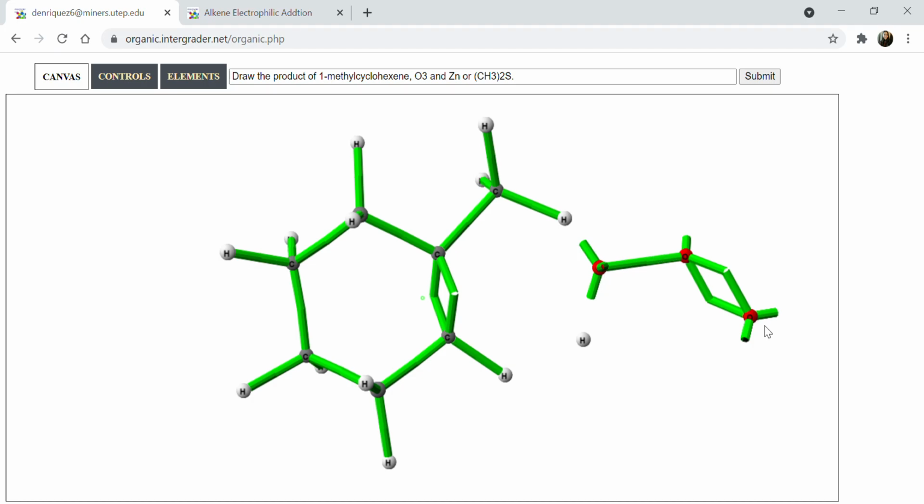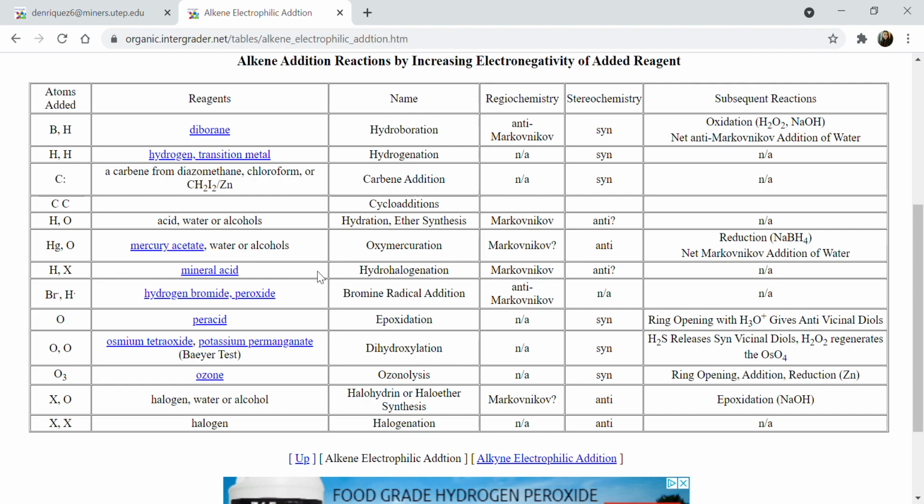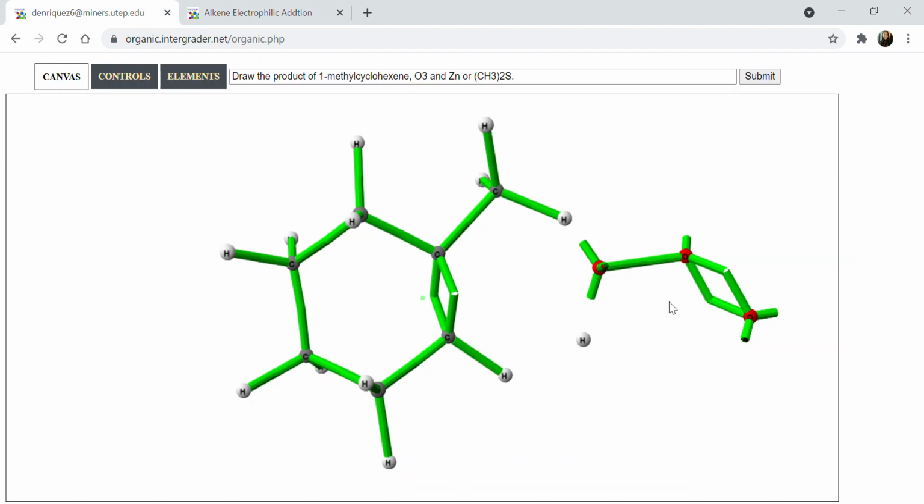Next, we're going to look for our ozone. So it's over here, ozonolysis. And then we just keep in mind like the syn stereochemistry, and the most important part is the ring opening. So this is actually going to be opening this ring up. So let's start doing that.